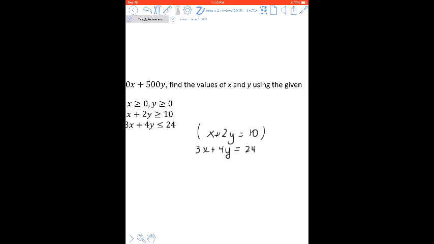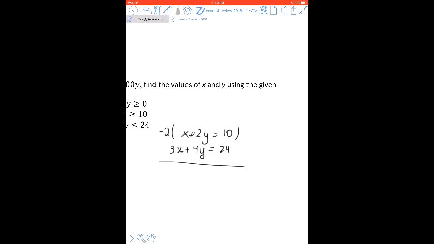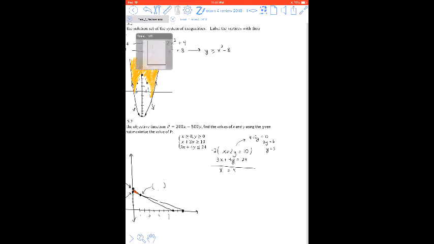So I would probably multiply the top one by -2, add these now together. That's going to leave me x, the y would cancel, and this is -20 plus 24, so that's x equals 4. Now if I take that top equation here and rewrite it, I would get 4 plus 2y equals 10, subtract 4 and get 2y equals 6, so y equals 3.